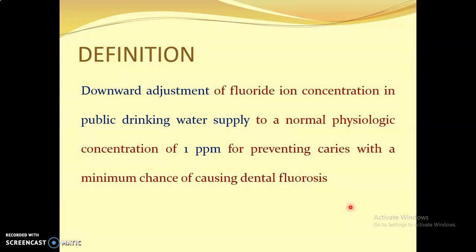Whatever fluoride is there in drinking water, you are trying to have a downward adjustment of the fluoride ion concentration to up to 1 part per million. With this concentration, you can expect caries inhibition, and at this concentration there is a very minimal chance of causing dental fluorosis, and this is known as the definition for defluoridation.